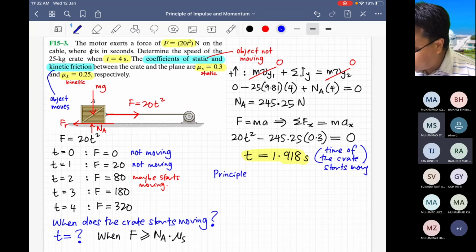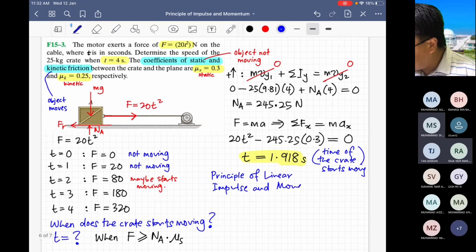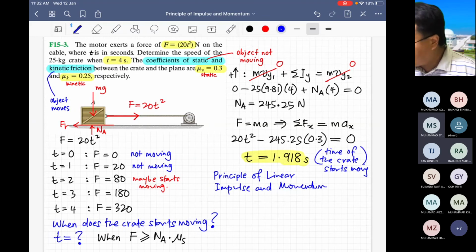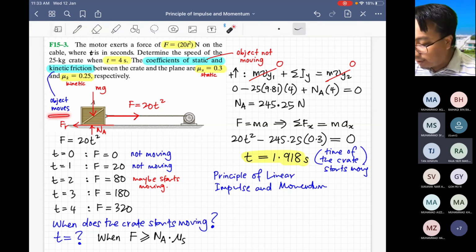linear impulse and momentum. The principle of linear impulse and momentum in x-axis. Sebab kita nak tahu dia punya speed pada time t equals to 4 seconds dan kita tahu motion dia hanya pada x-axis.